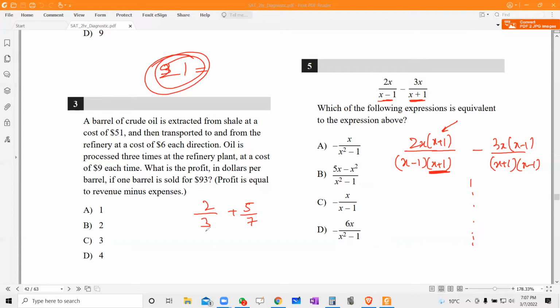So you will make the denominator 21. What will you multiply with 3 to make it 21? 7. So you're multiplying 7 to the denominator. That thing has to be done to the numerator also to keep it balanced.